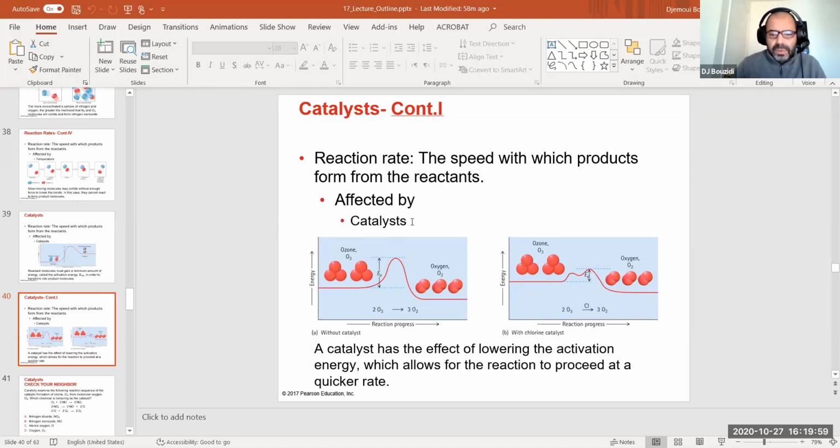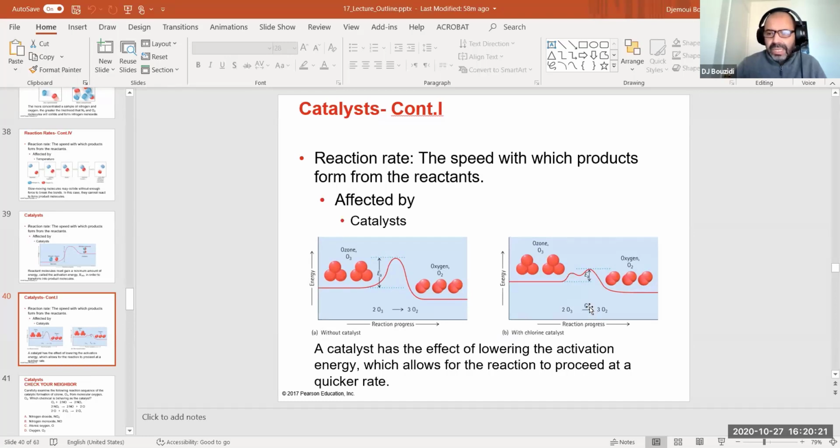Here is an example with the one I was talking about. It was the ozone going into O2, which is normal oxygen, and normally the gap is very high for the ozone to do that, but in the presence of chlorine, this will make the whole reaction faster.